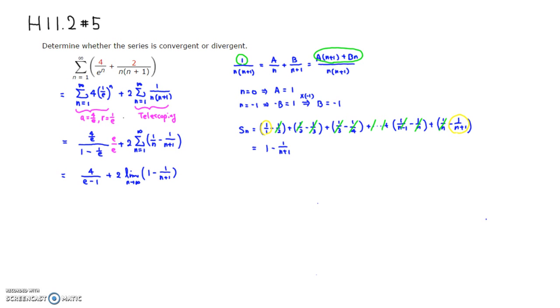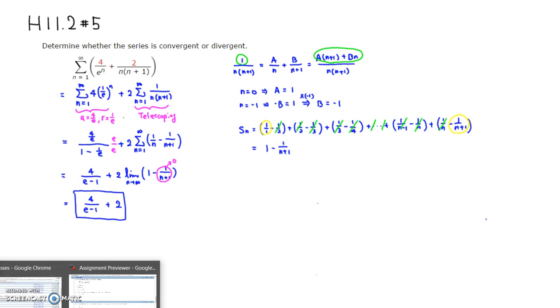This is a simple limit to evaluate because the 1 over n plus 1 simply goes to 0: 1 divided by a big number. So the first term is 4 over e minus 1, and the second term is 2 times 1, so it's 2. This is the sum. So the series converges, and the sum is 4 over e minus 1 plus 2.